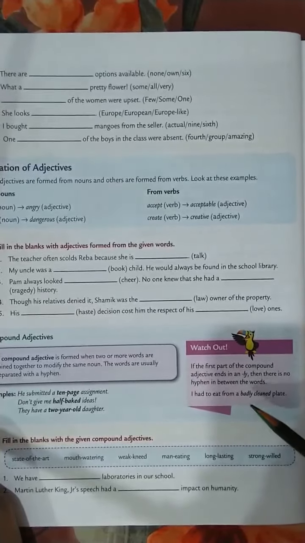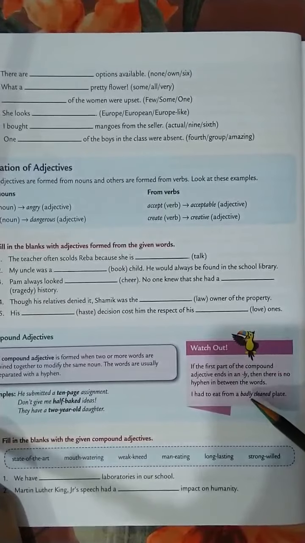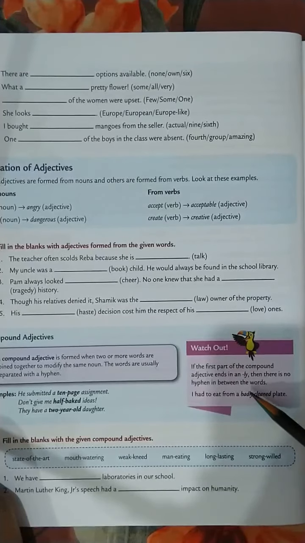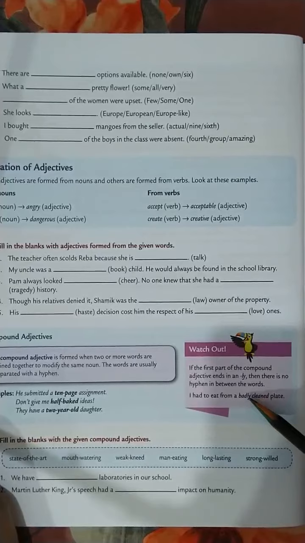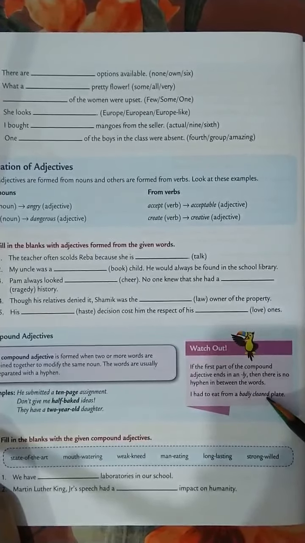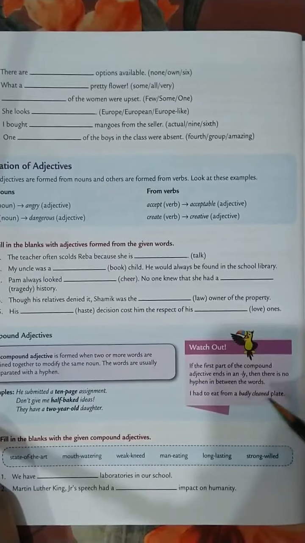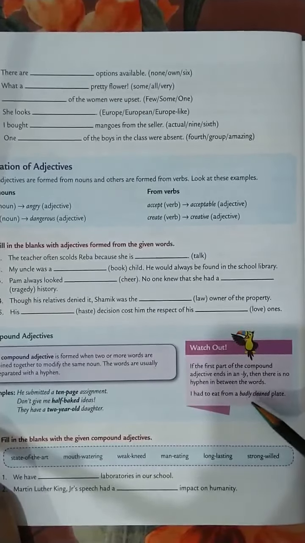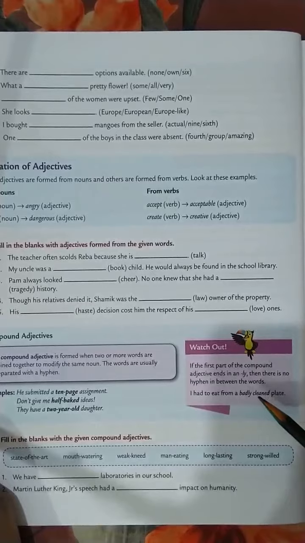Now you can see here badly cleaned. Here the word ends with ly, so there will not be any hyphen between badly and cleaned. There will be a space between these two words, but there will not be any hyphen.